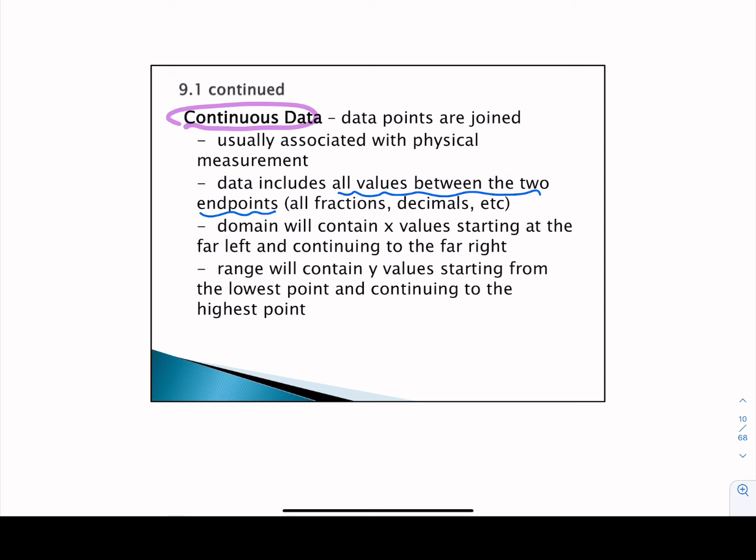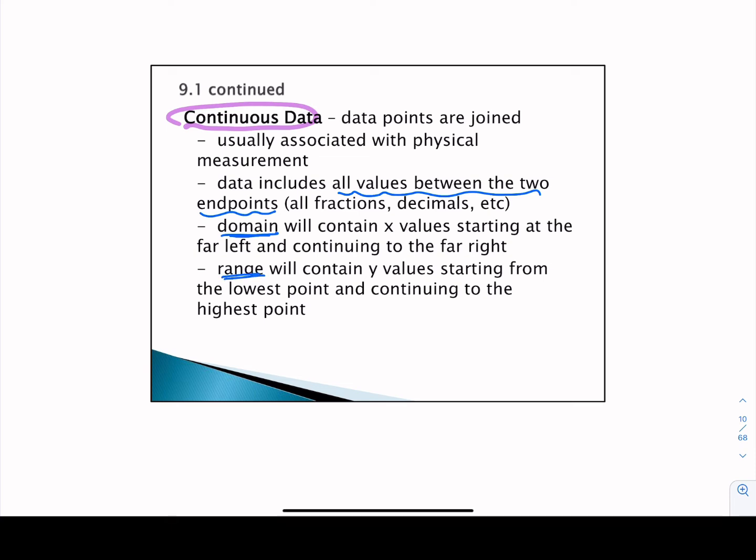So basically, we're looking at every single possible fraction, decimal, rational, or irrational number between a start point and an end point. Again, when we're talking about domain of a function, we're talking about all of the x values starting at the far left side of your graph, and we continue to the far right side of the graph.